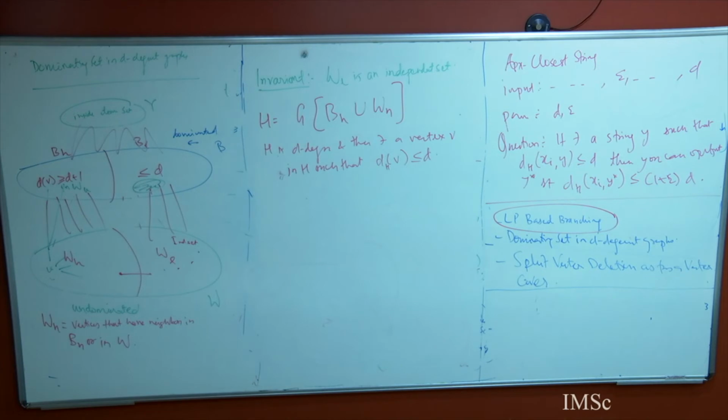Okay. From WL, how many vertices can be picked? At most, how many vertices can you pick from WL?